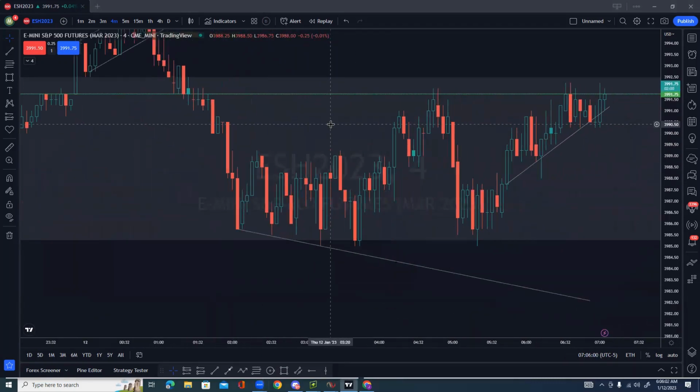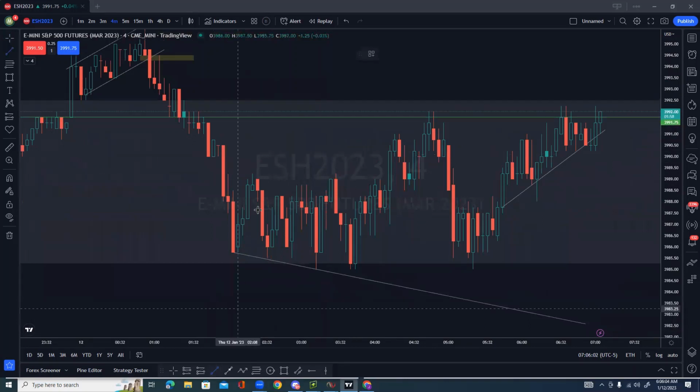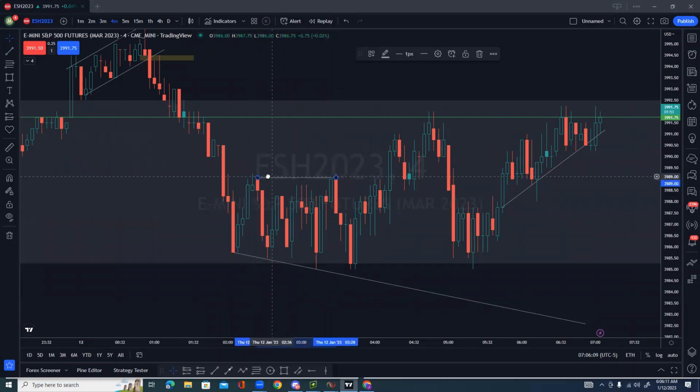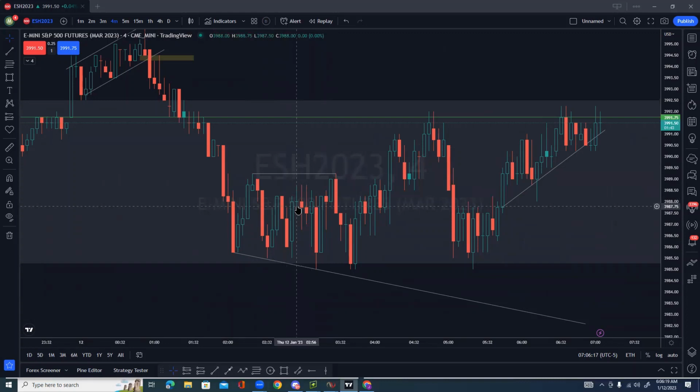Right? That's the reason why we emphasize equal highs and lows, right? It's too perfect. This market shouldn't move in that type of perfect way. It shouldn't move that perfectly.